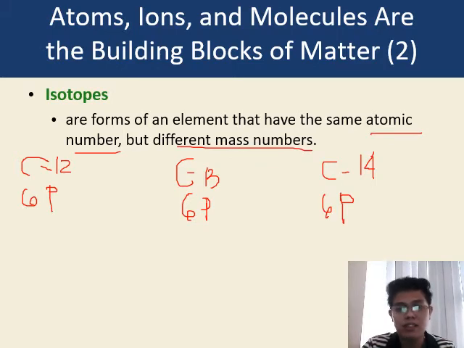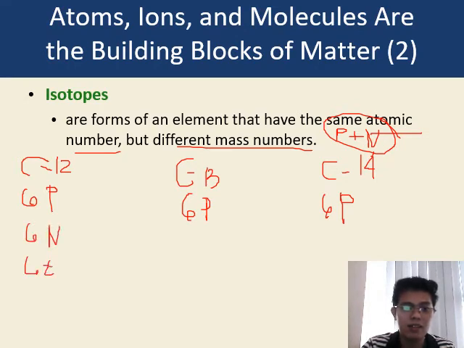And we all know that the mass number is just the sum of protons and neutrons present in the nucleus of an atom. So carbon 12 has 6 neutrons and 6 electrons as well. Carbon 13 has 7 neutrons, 6 electrons.